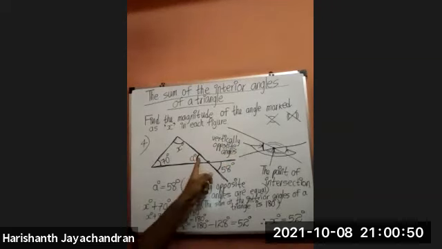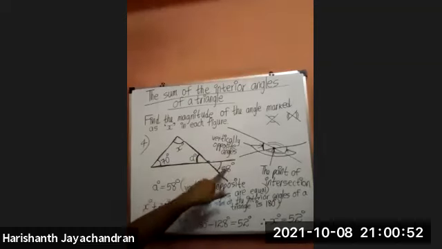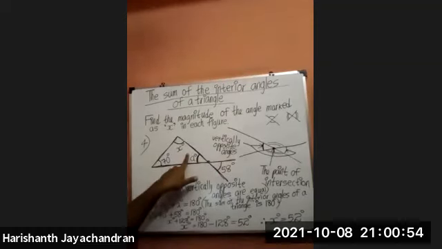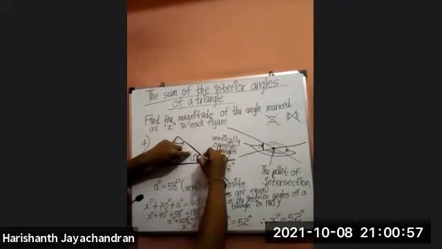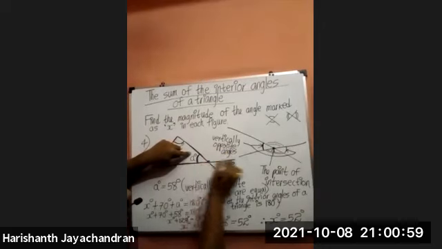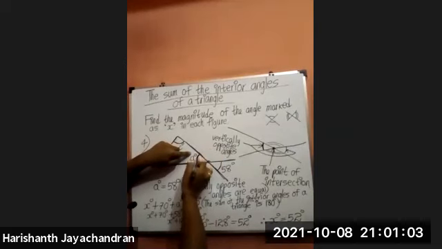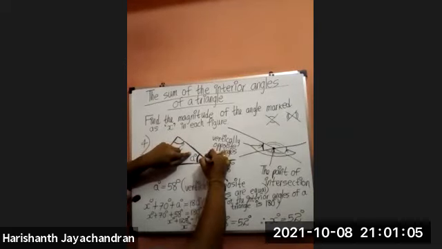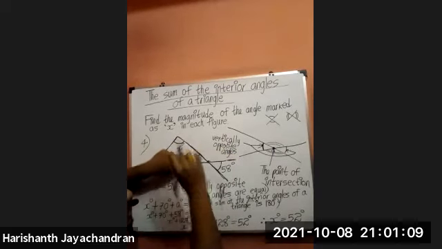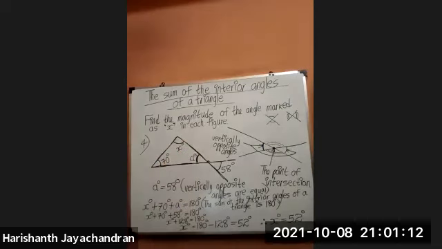But I don't need to go with that, because I can simply take it that A degrees is equal to what? Vertically opposite. So if this is 58, this will be 58. If this is 58, then you can find this, because a straight angle is equal to 180. From 180, you can deduct the value of A degrees, then you will be able to find this. If you can find this, then you will also know this, because the vertically opposite angles have the same magnitude, right?